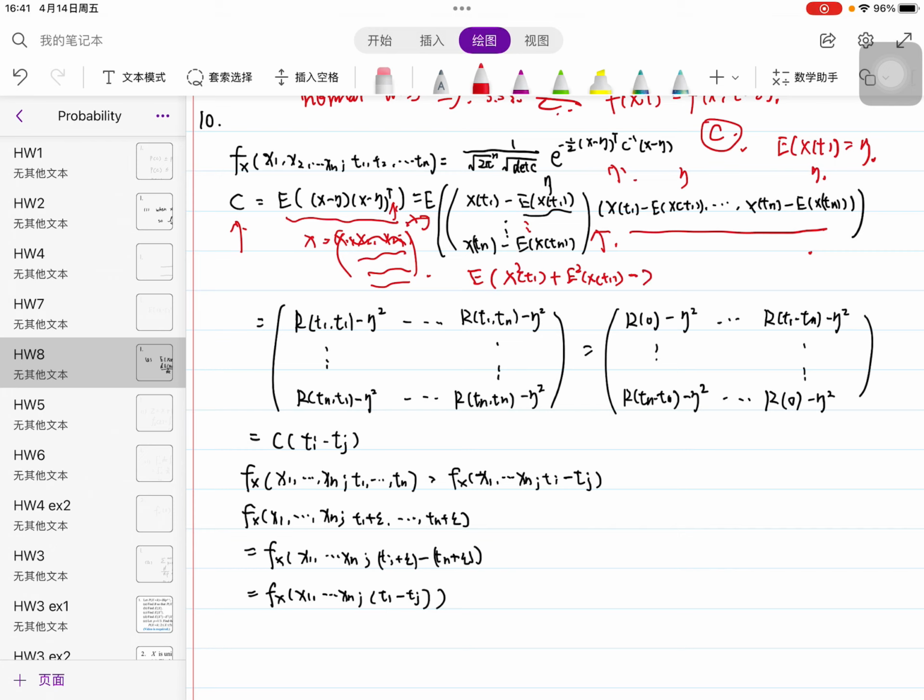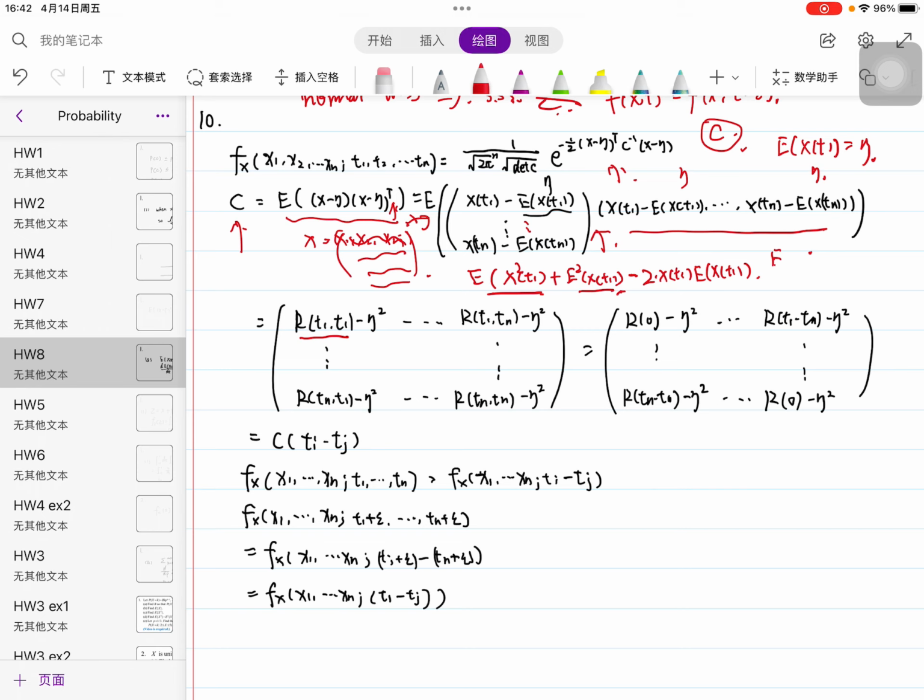And minus 2 times xt1 times the mean value of xt1. So the first term here is the auto correlation of t1 and t1, right?